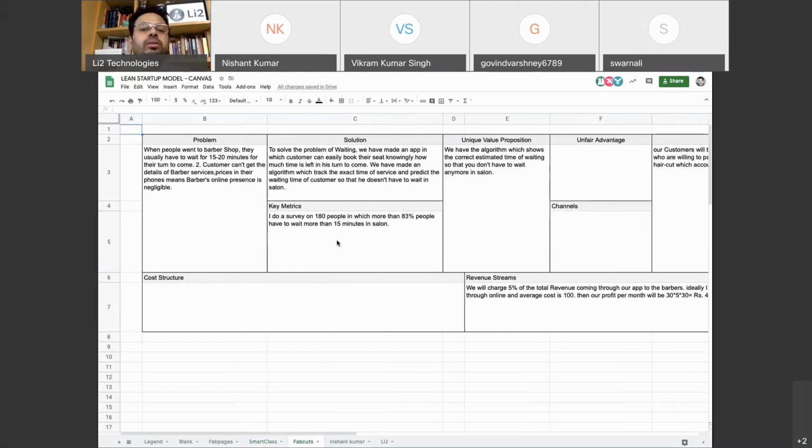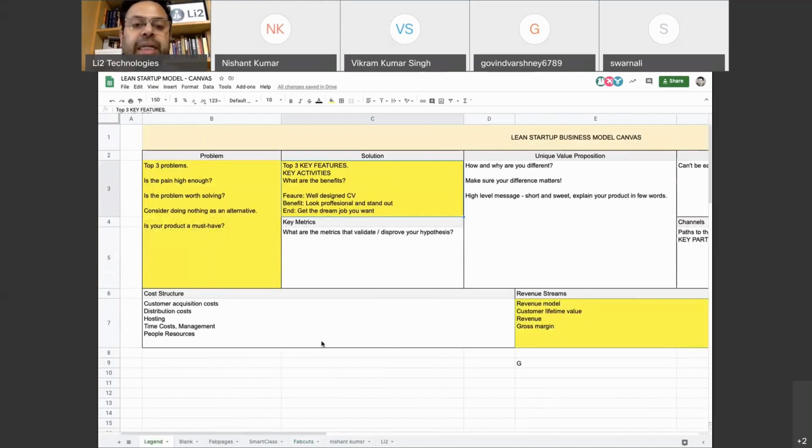No, this is what you want to do to solve the problem of waiting, right? It is not the solution or a feature, in which the app is a feature. So now you need to write these as key activities. What are the key activities involved in creating this solution? Let me explain this to you a little more in detail.